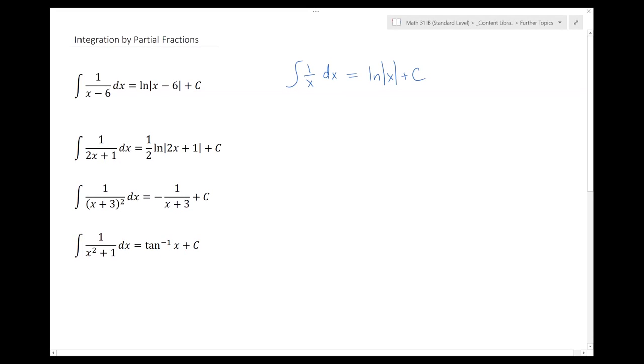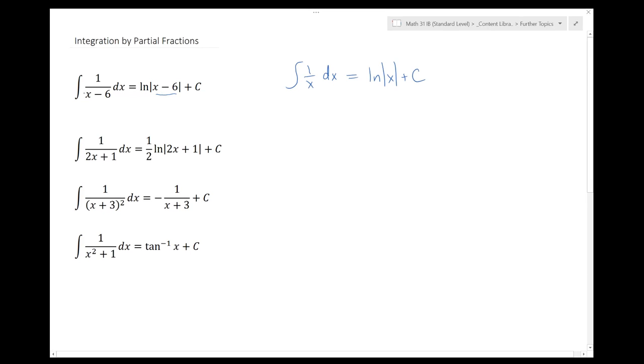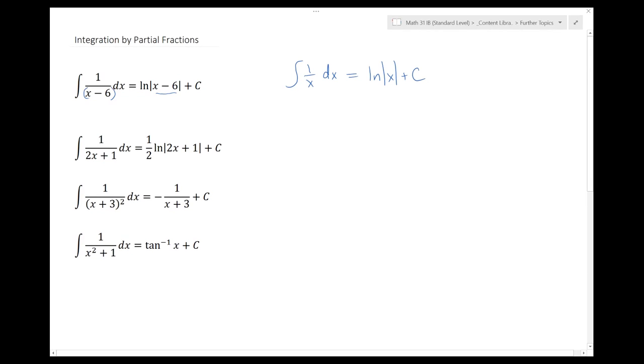Well, if all I have is a vertical translation of this, so x minus 6 or x plus 25 or whatever, where the derivative of that function is still 1, then that argument is going to be the argument of the absolute value here, and that's what we have. Because x minus 6 has a derivative of 1, we go from there.